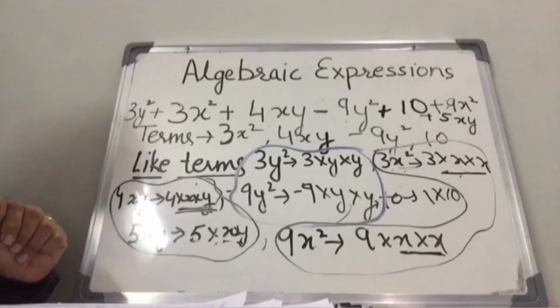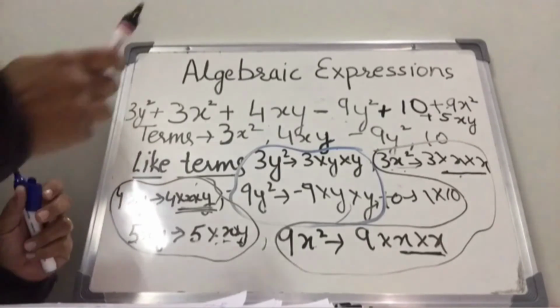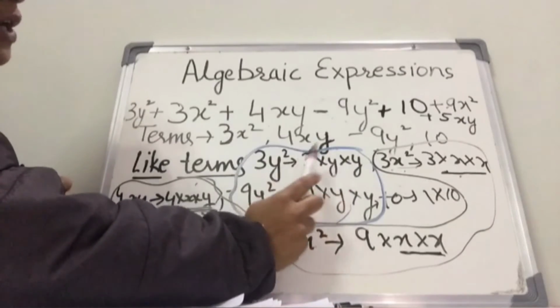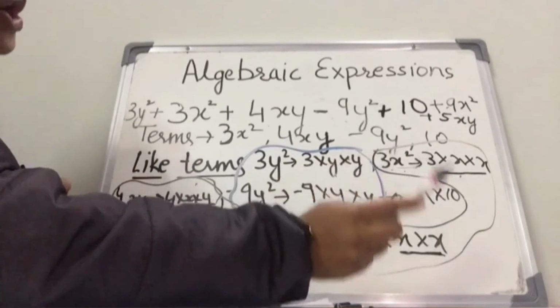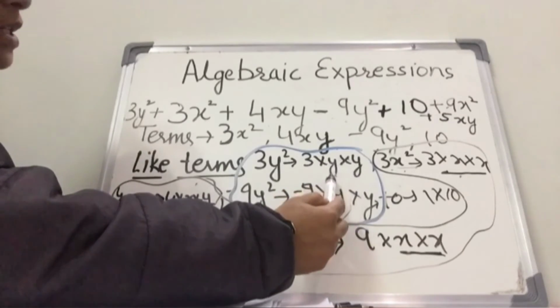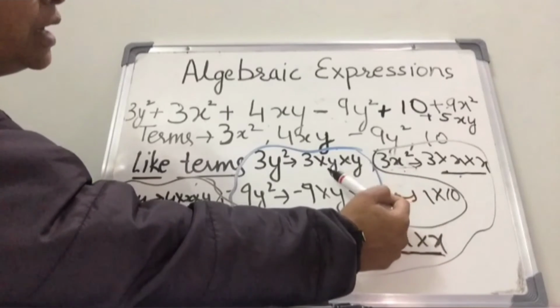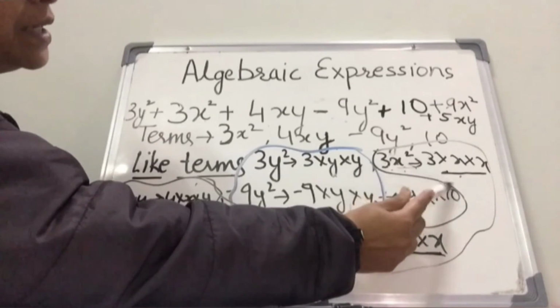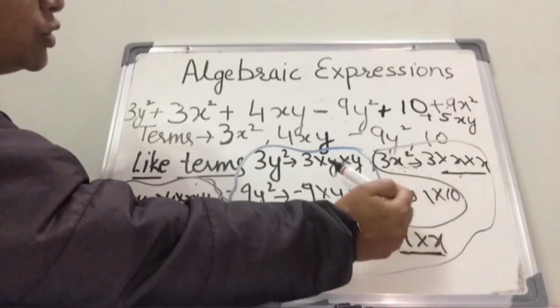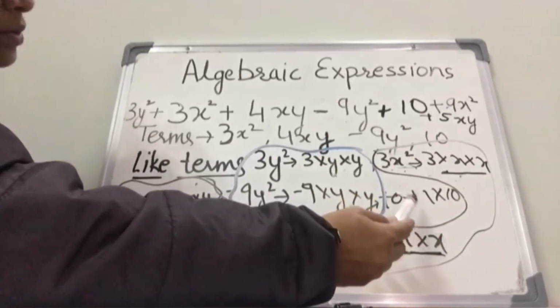And what are now unlike terms? Unlike terms are those whose variable factors are not the same. Suppose this 3y square is one term, and we have another term 3x square. We see it has y as a factor and it has x as a factor. So they don't have similar variable factors.